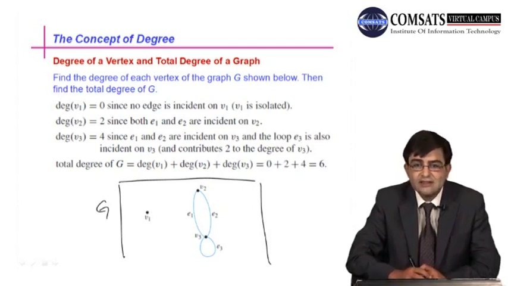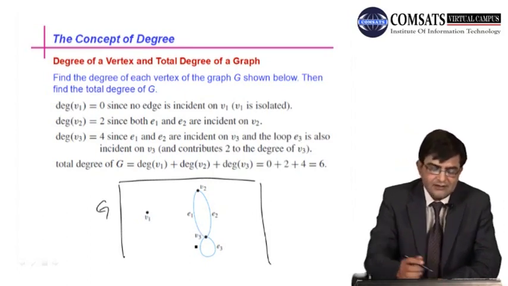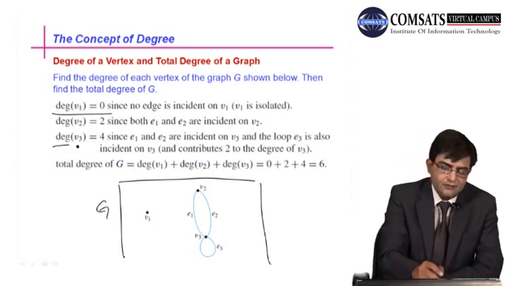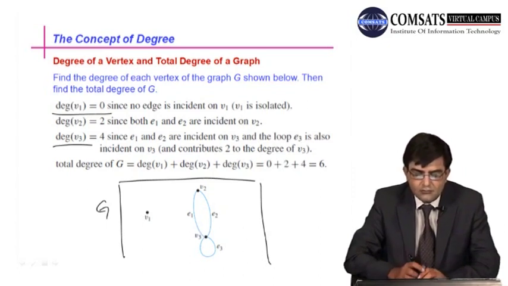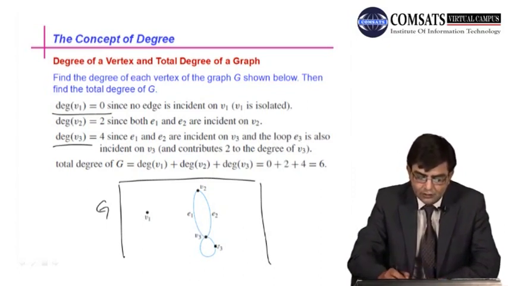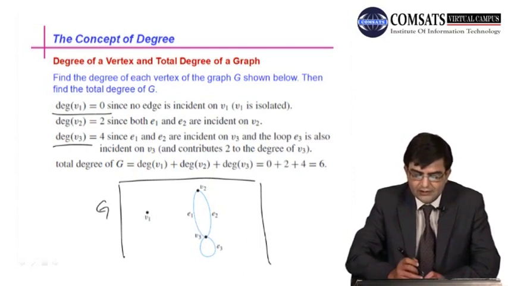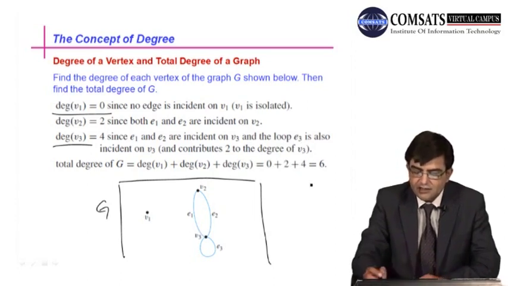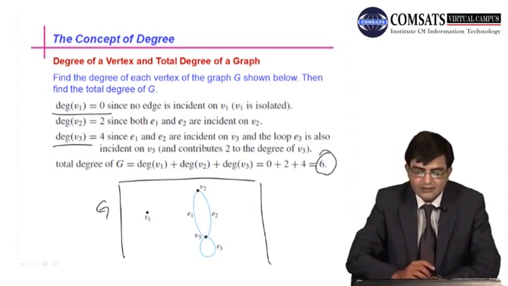Degree of v1 is 0 because v1 is isolated, and isolated vertices have degree 0. Degree of v2 is 2, and degree of v3 is 4. Here is a loop, and a loop is counted twice. So the total degree of G is degree of v1 plus degree of v2 plus degree of v3, which is equal to 6.